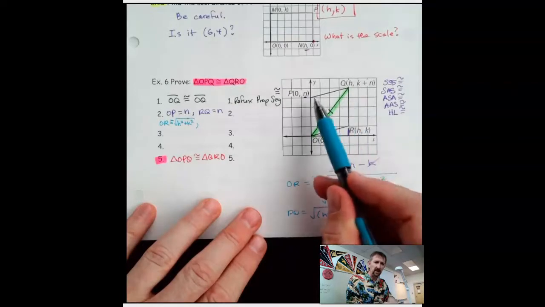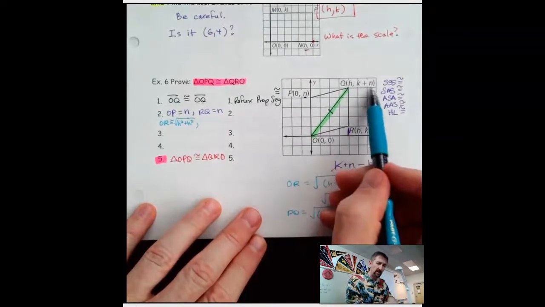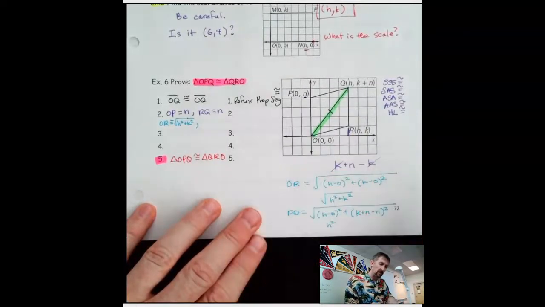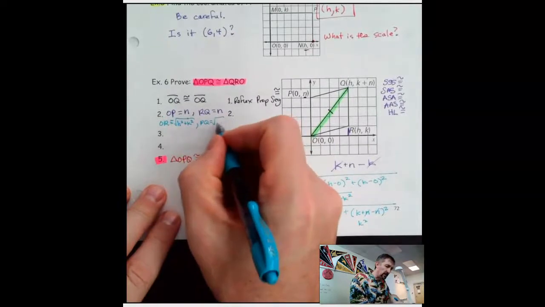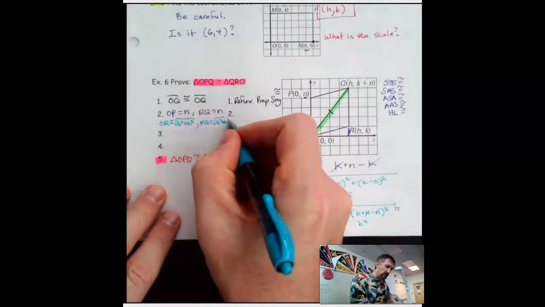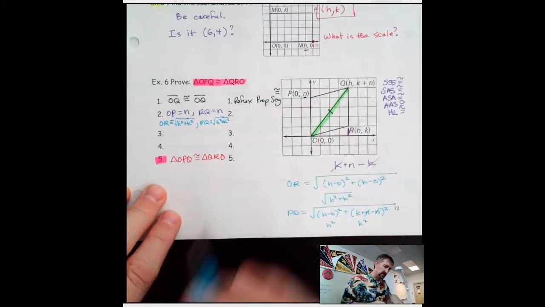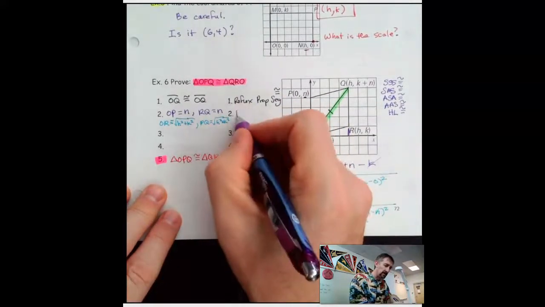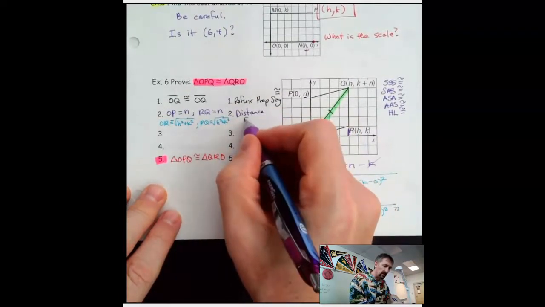K plus n minus n. The y-coordinate here minus the y-coordinate there. So those n's are going to cancel out. And so PQ is also h squared plus k squared. Okay, and all of that is, again, same reason as above, the distance formula.